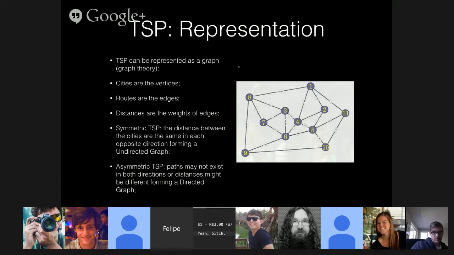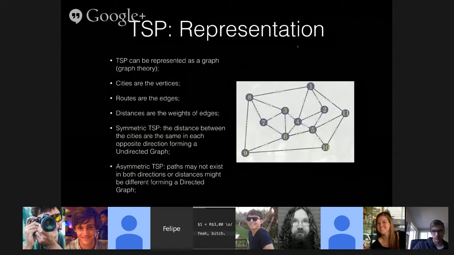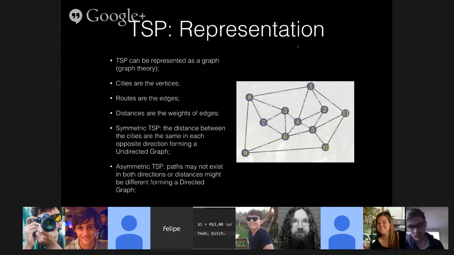TSP is considered symmetric if the distances between the cities are the same in each opposite direction. It forms an undirected graph, and is asymmetric otherwise. So we can represent that with a directed graph. That's the image that best fits this problem.